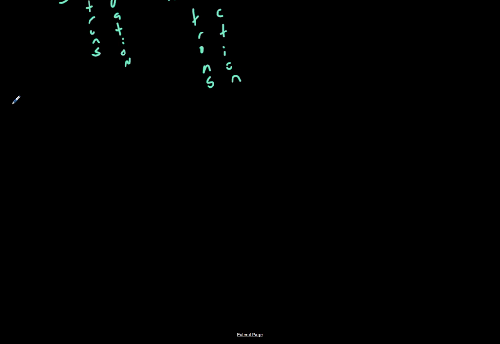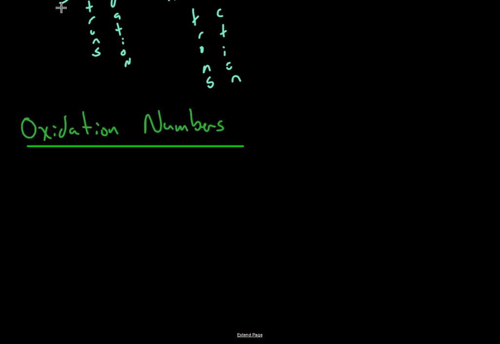So let's introduce the concept of oxidation numbers, and we'll go to a different color because it's sort of a new topic. Oxidation numbers. I'm just going to use a little bit of an example here.